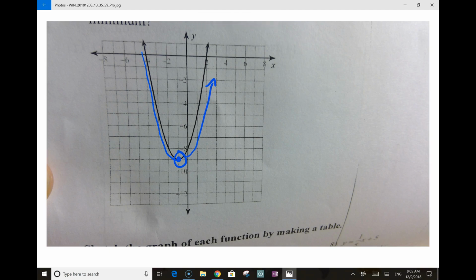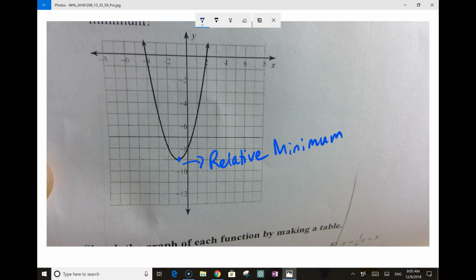And from that point, it goes up and up and up. And because this is the lowest place, it was going down and then it switches here and then it goes up. This is called a relative minimum, which just so happens to be the absolute minimum as well.